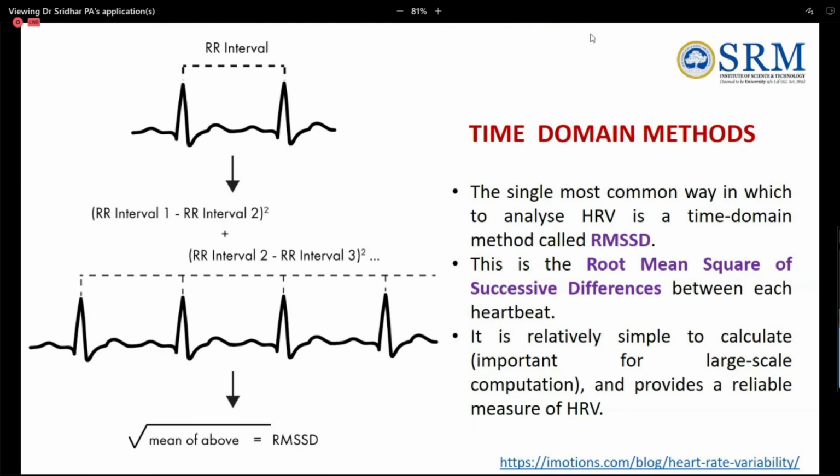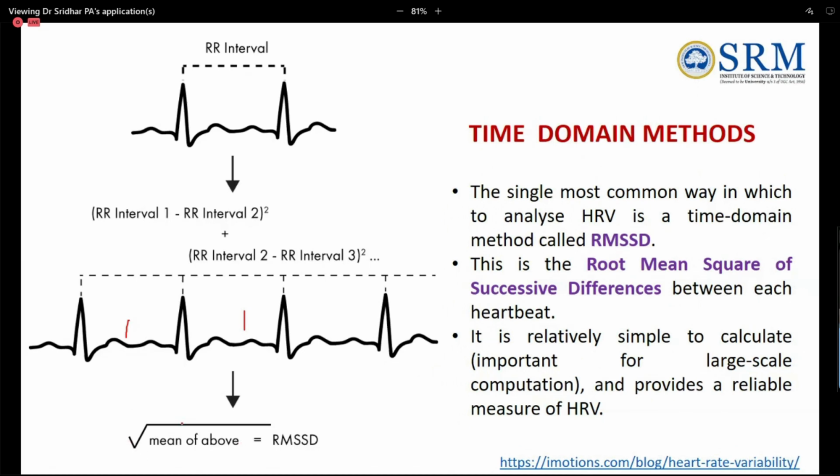If I want to do this in the time domain, the single most common way of measuring HRV is the RMSSD. You're not just taking the interval; you take the difference between this interval and the next, and then take the square of this, which tells you about the difference in the RR interval within the time period.